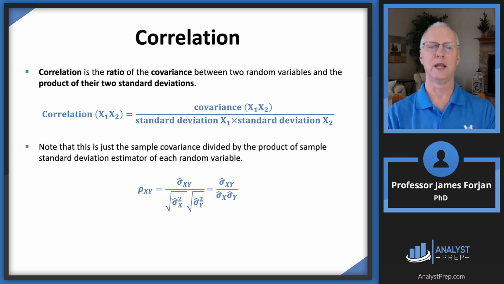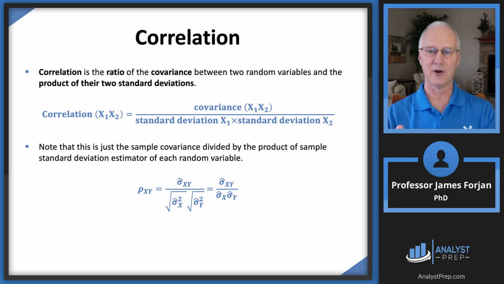That's why we need to standardize the covariance. So look at this next equation. In the numerator, I have the covariance, which we just computed. And I'm going to divide that by the standard deviation of the first random variable times the standard deviation of the second random variable.